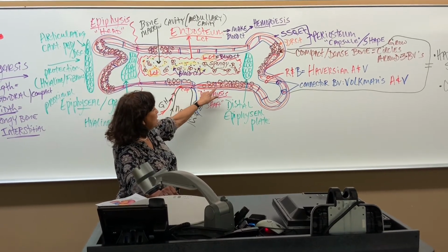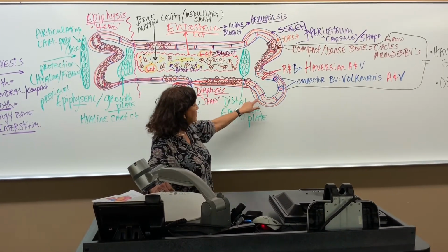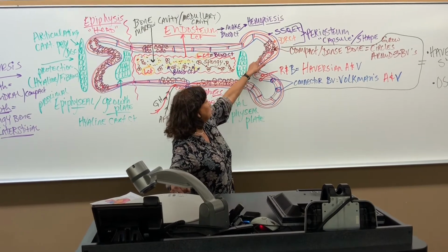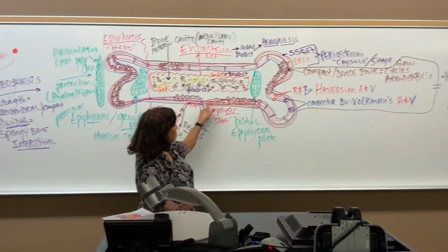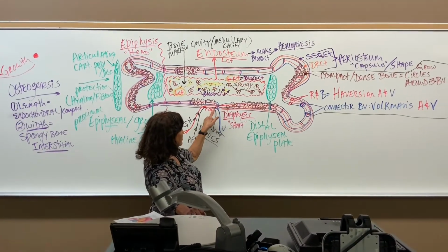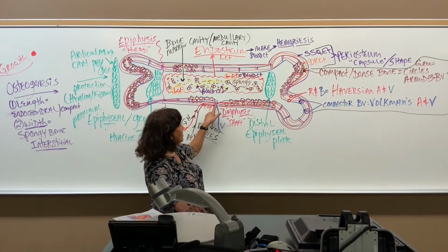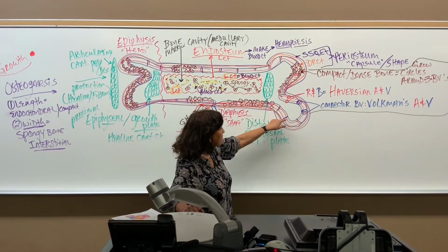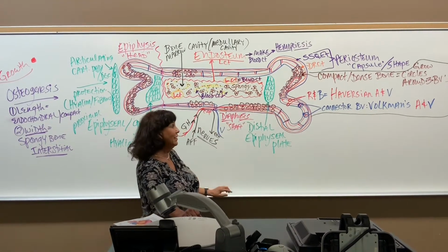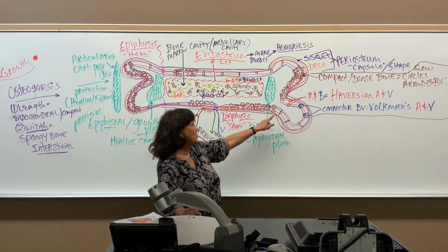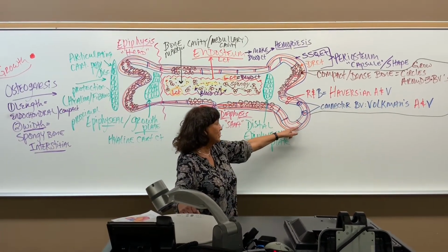And so we have two arteries that are going to go all the way around the outside underneath the periosteum. And we're going to have two veins that also develop right in this area at the capillary. And these veins are going to go all the way around like a railroad track, okay? And then we're going to have a connector blood vessel right here, connector blood vessel.